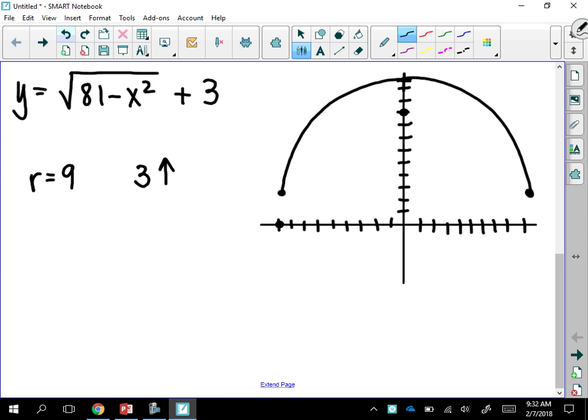Good. Do you know the formula for the area of a semicircle? Half the area of a circle, which is the area of a circle, pi r squared, right? And so half of that would be the area of a semicircle.